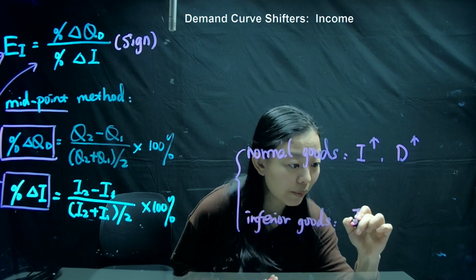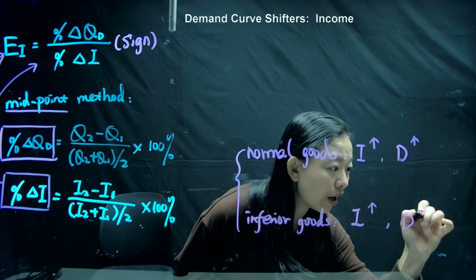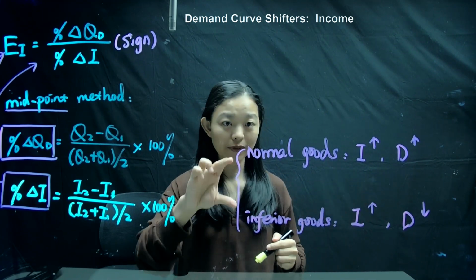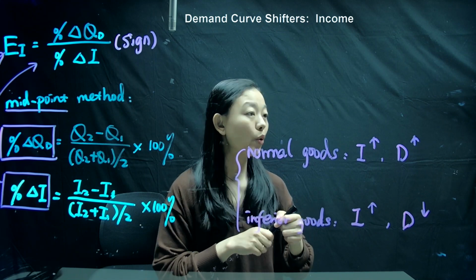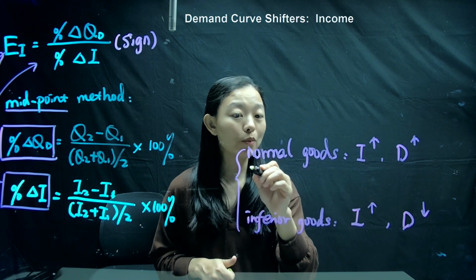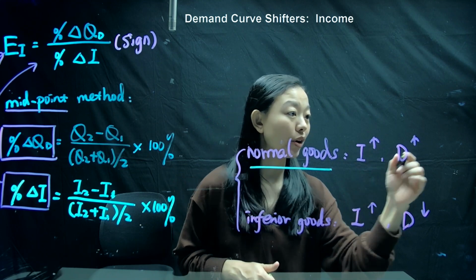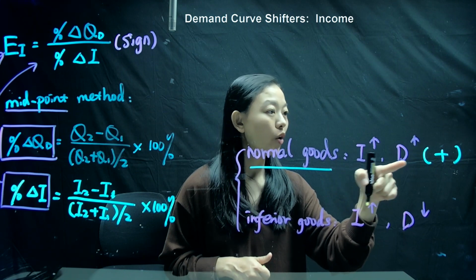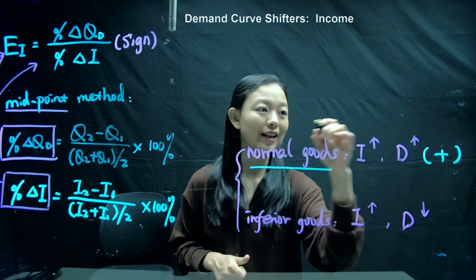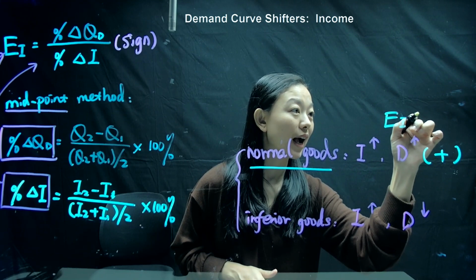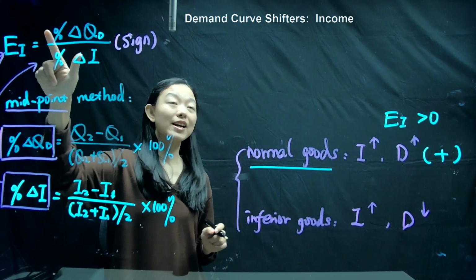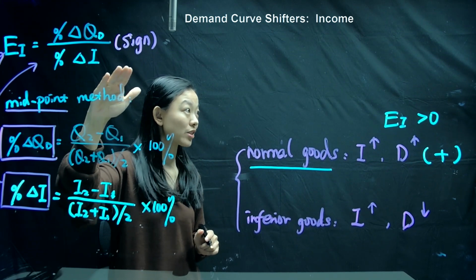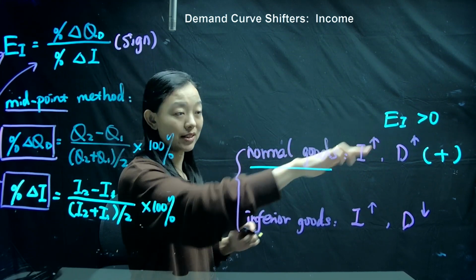Inferior goods means when your income increases, you buy fewer of this type of product. So for normal goods, income increases and demand increases, the relationship is positive, which makes our income elasticity positive. The percentage change in demand and the percentage change in income are moving in the same direction, so the income elasticity should be positive.